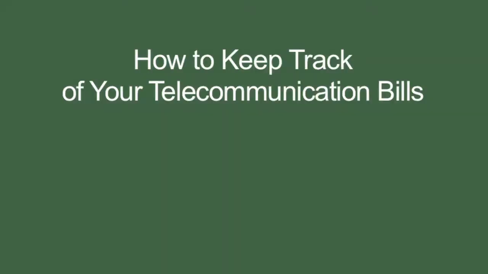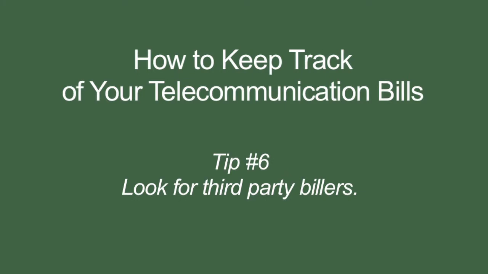Look for third-party billers. Now this happens on local bills quite often. We see, for instance, if you have an AT&T bill for local lines, on the front page there may be a one-line row that says services billed on behalf of ESB Corporation, as though they're not AT&T charges, they're coming from a third-party vendor on your AT&T bill.